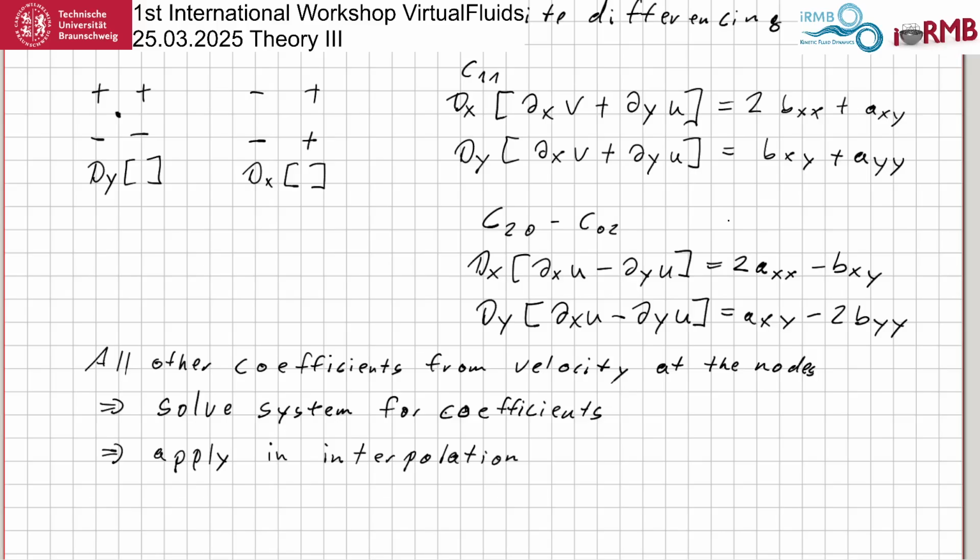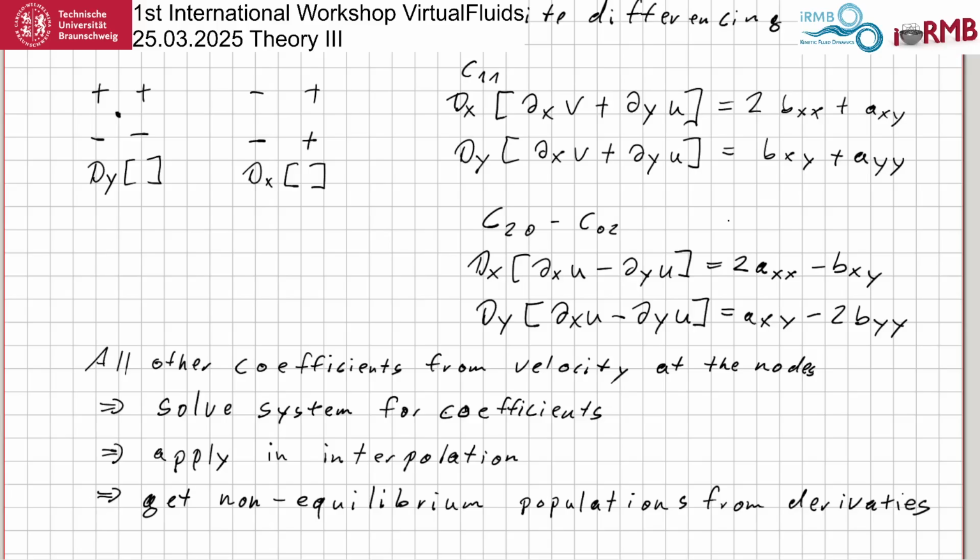To get the macroscopic quantities from which you can compute the equilibrium, and you can also get the non-equilibrium populations from the derivatives of the interpolation function.